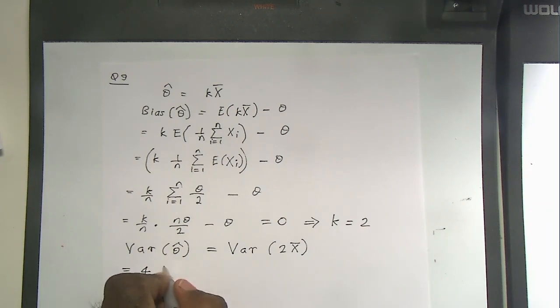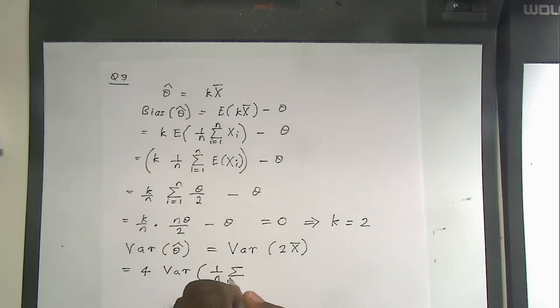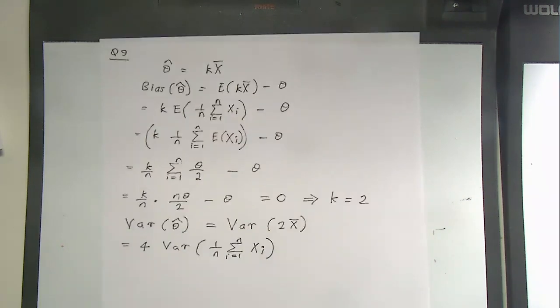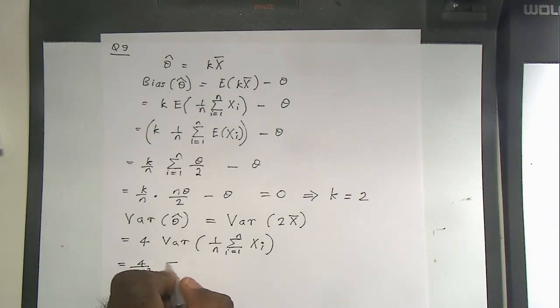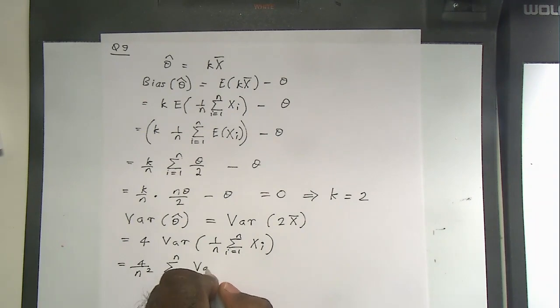So it's 4 times the variance of 1 over n times the sum of xi. Now taking the variance inside, it becomes 4 over n squared times the sum of the variance of xi.